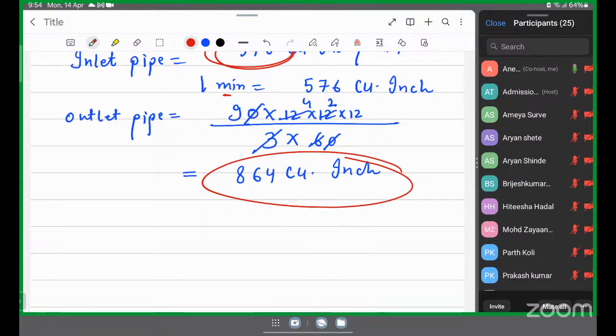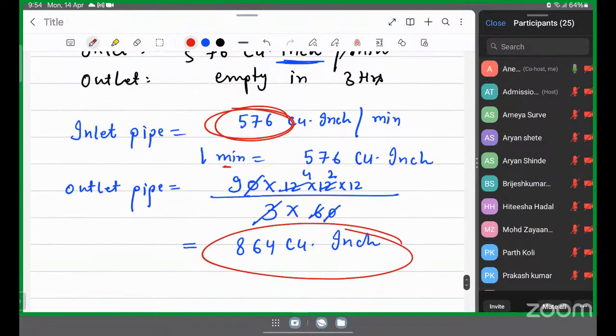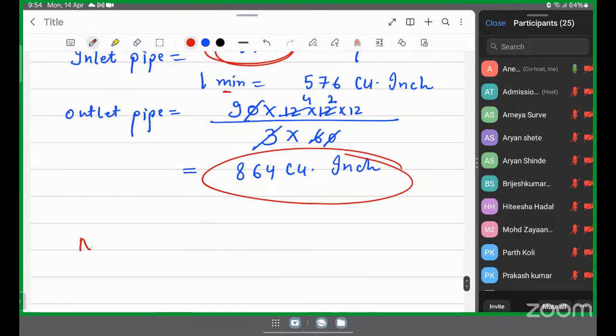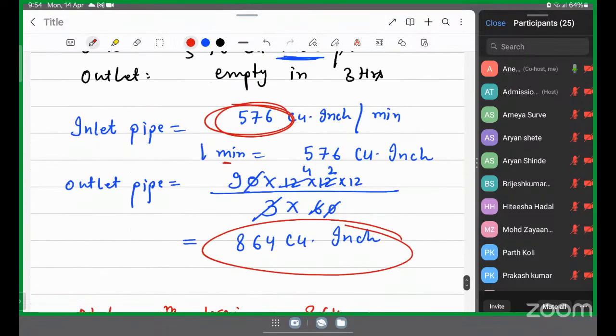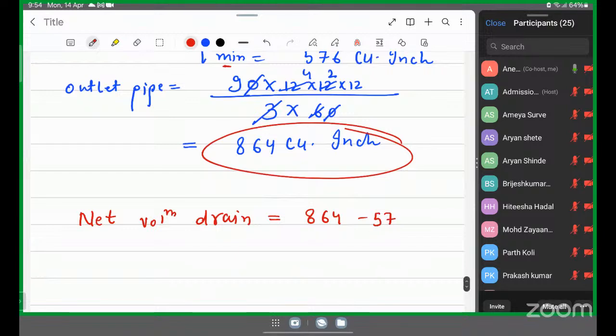So first of all, we will find the net volume drained in 1 minute if both the pipes are open. If both the pipes are open, then 864 will be out and 576 will be in. So net out will be 288 cubic inch per minute.